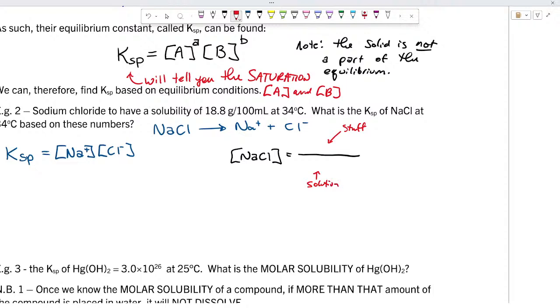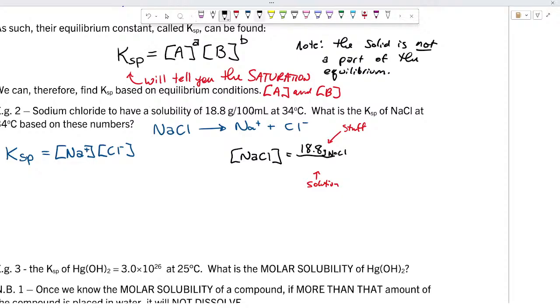And we like the stuff in moles, but I don't have the stuff in moles right now. I have the stuff in grams. How many grams? 18.8 grams of NaCl. And the bottom should go in what unit? We eventually want it to be moles per liter.